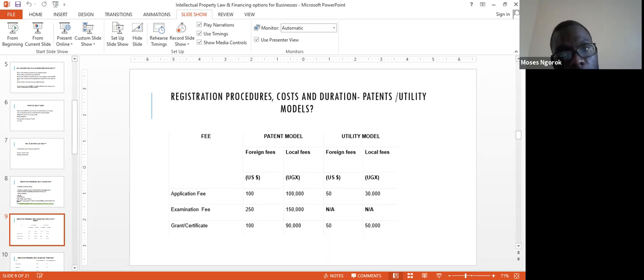So a utility model is an inferior right. If you can't get an absolute patent, you can get a utility model. As you can see, the fees are not so high, but what makes intellectual property rights protection expensive is that you have to register in each country. So imagine multiplying these fees by, say, 50 countries, then you can see it becomes costly for your business.